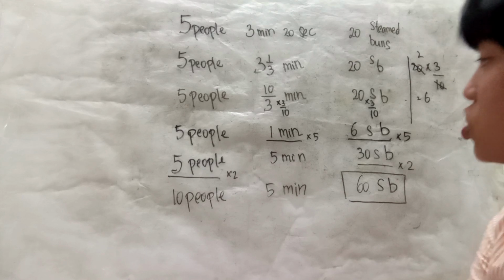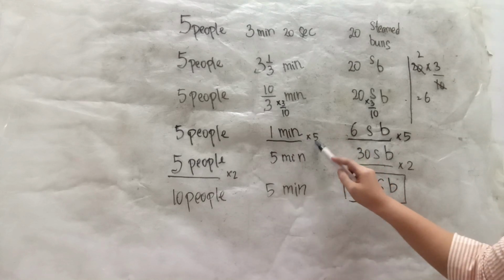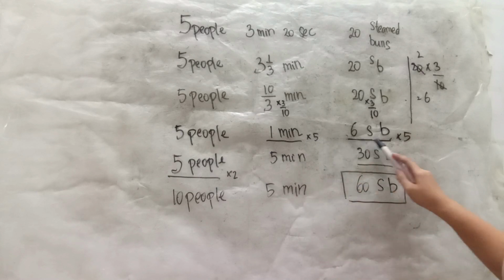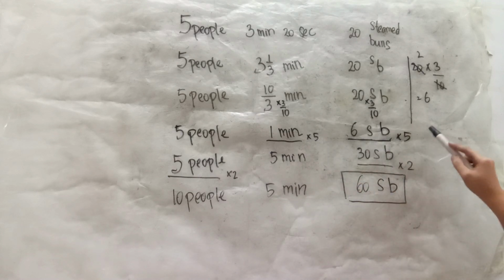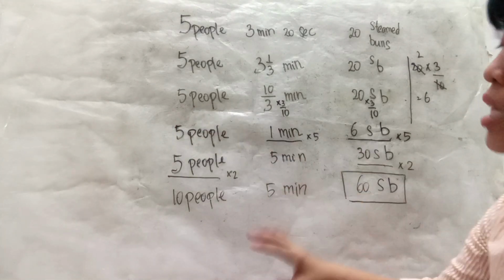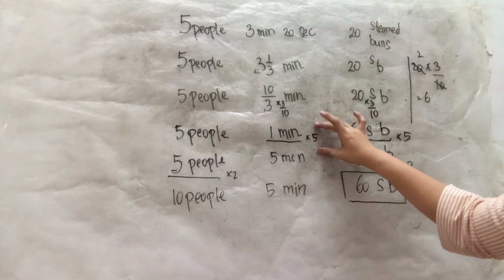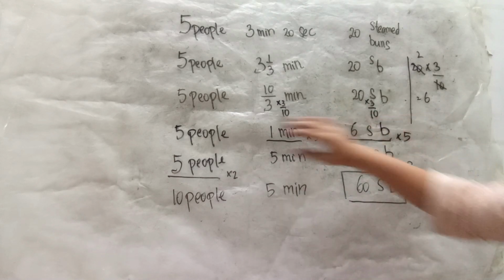Okay, there are some questions like this. Miss, why when I times the time by 5, the steam buns I also multiply by 5, but the number of people I don't multiply by 5? There must be one constant, one part that will not change. For example, when you multiply the time and the steam buns, you don't multiply the people.